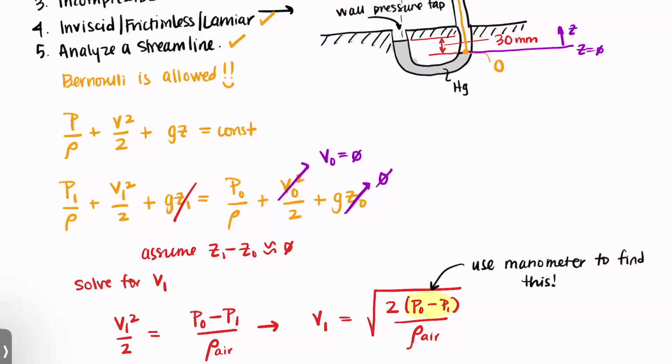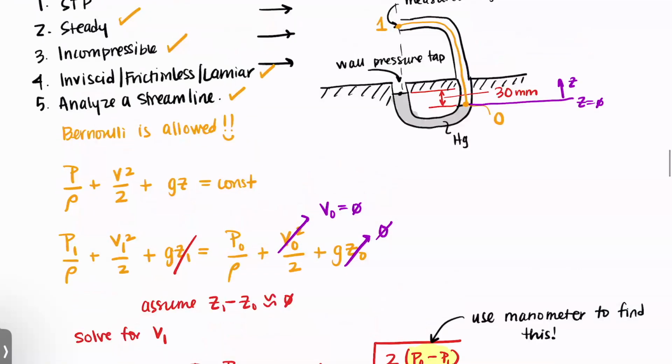I'm going to call this point 2. So if we apply our hydrostatic equation between 0 and 2 in our manometer, right?